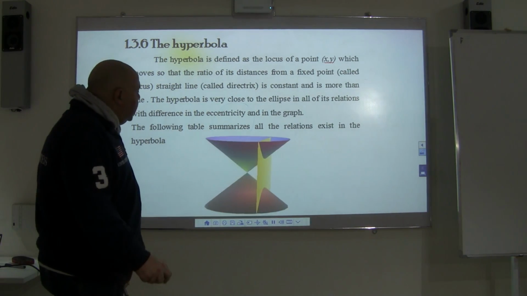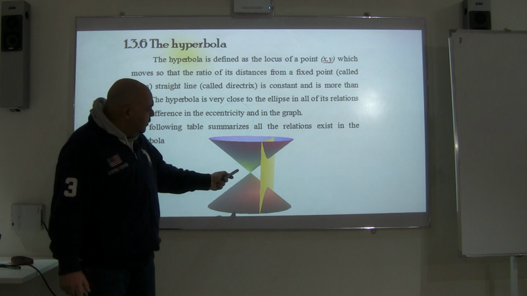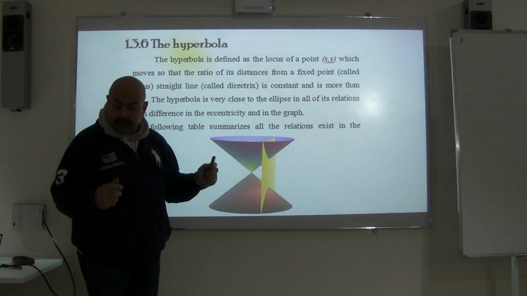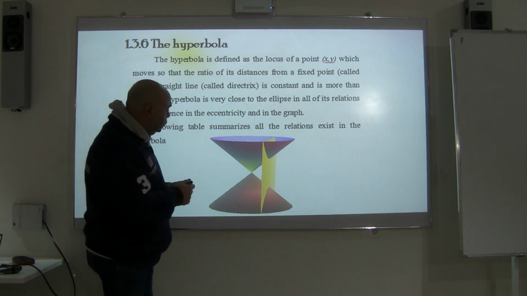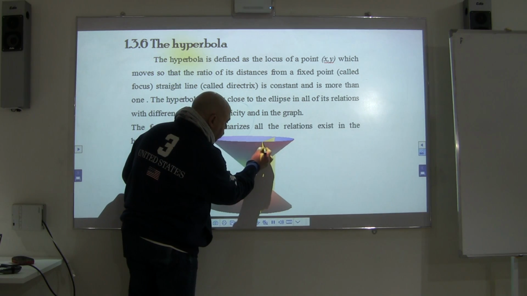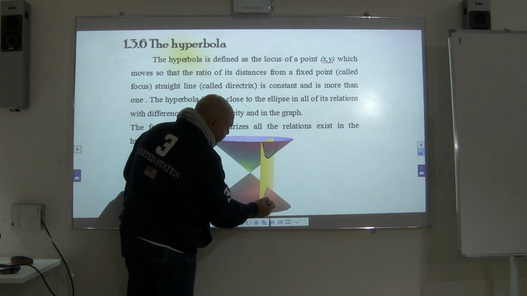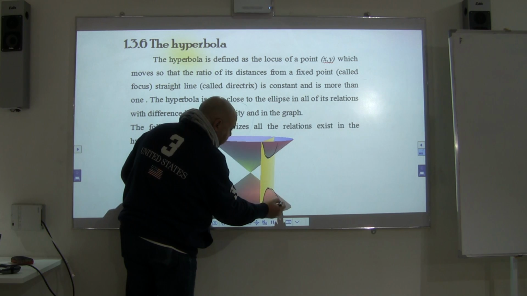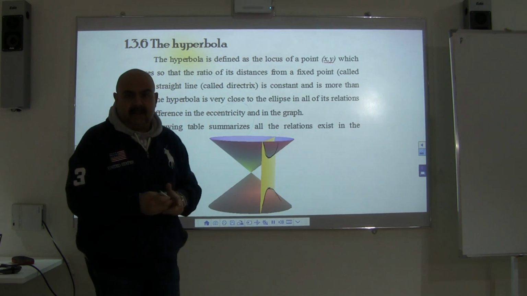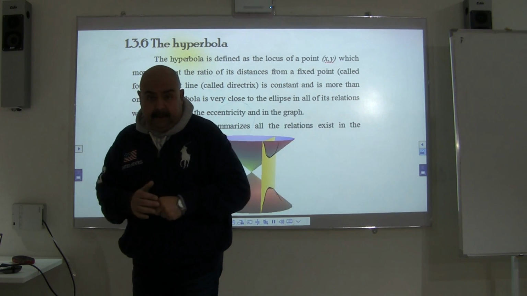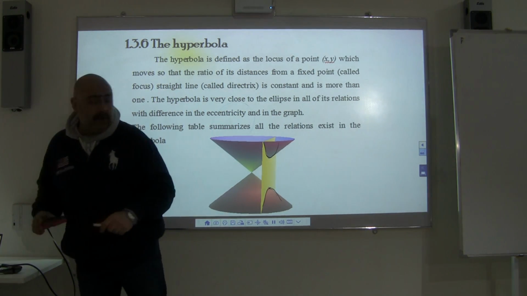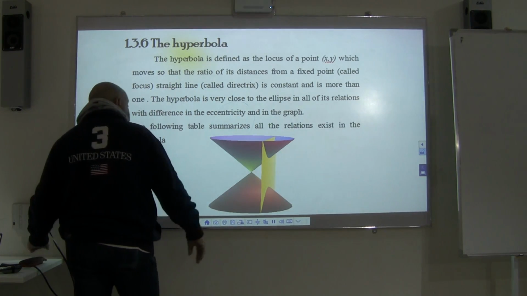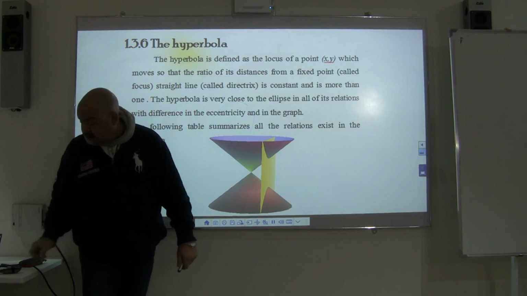Also, a vertical plane will cut the cone into an upper and a lower part, which represent the hyperbola, whose equation we will go through shortly. So this is mainly the shape that we are talking about, which is the hyperbola.